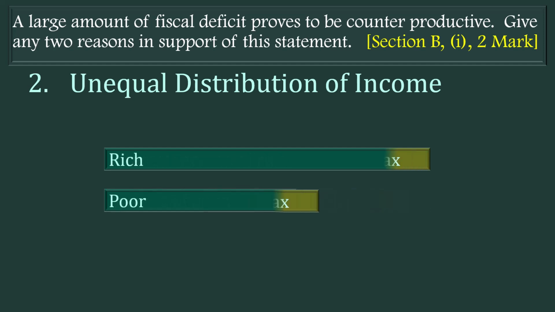The taxes imposed by the government to service the public debt fall on all people. Comparatively, common people pay a larger part of their income by way of tax to the government. It further widens the gap between rich and poor. Unequal distribution of income will lead to social unrest among the people.